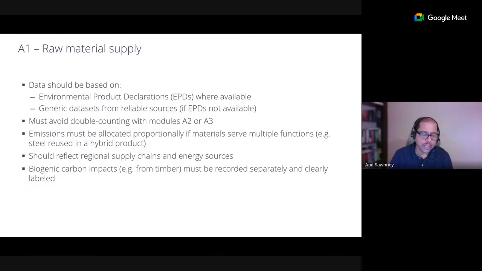If you started doing that from first principles, it would become very difficult to do assessments. So we rely on published documents, which are called environmental product declarations, or EPDs. I'm sure all of you are familiar with this. The sector is relying on EPDs from which we read out our emissions.